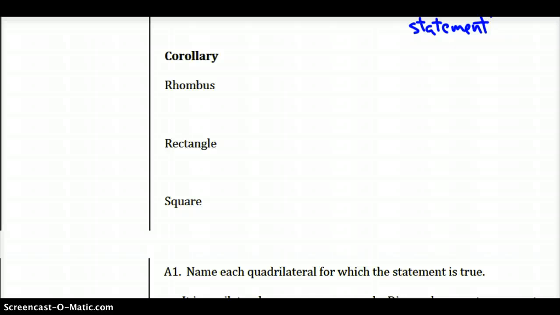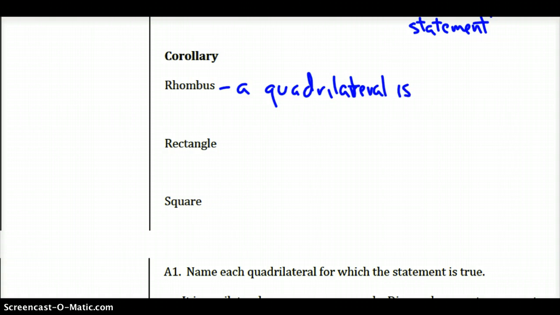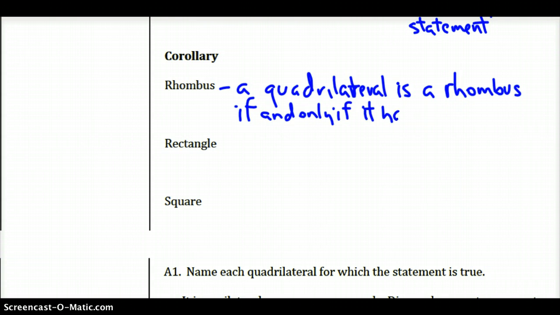So a corollary for a rhombus, called the rhombus corollary, says a quadrilateral is a rhombus if and only if it has four congruent sides.